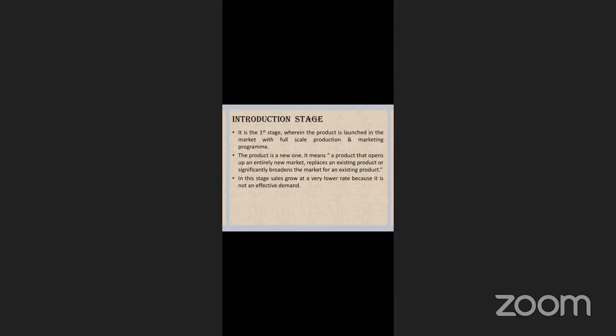When we introduce our product, we will charge a high price, and we will give a lot of advertisement and promotion. The customer is attracted by our advertisement, they look at the product, but they think the price is very high, it is not affordable. Then slowly they will reduce the prices.